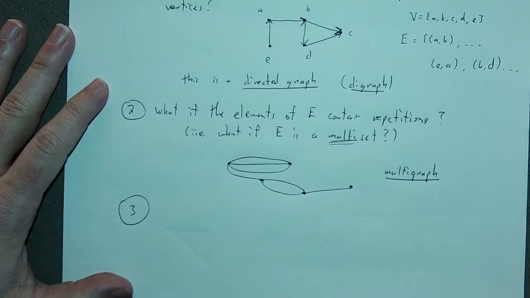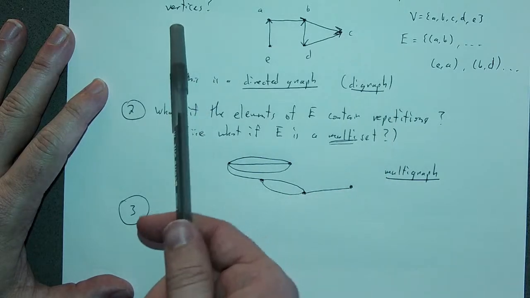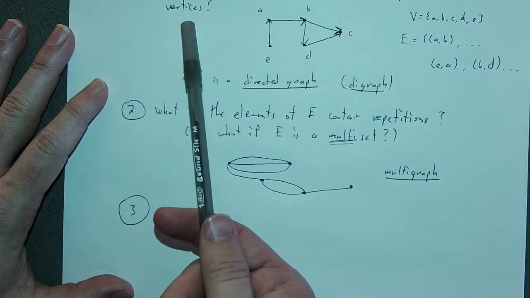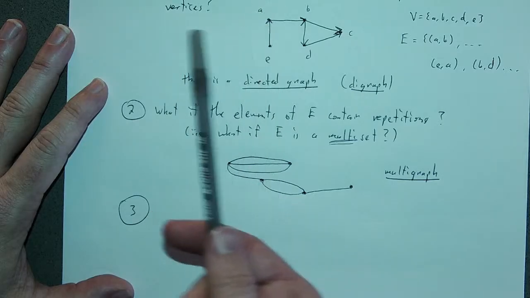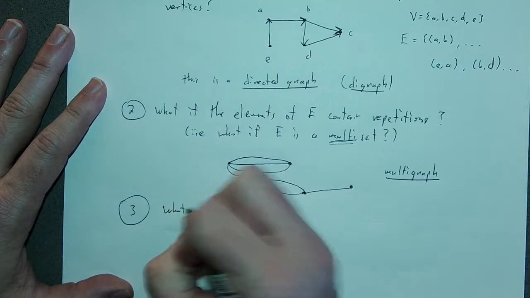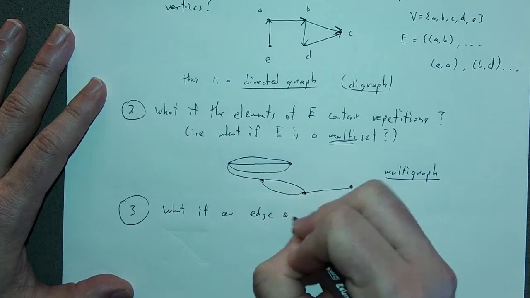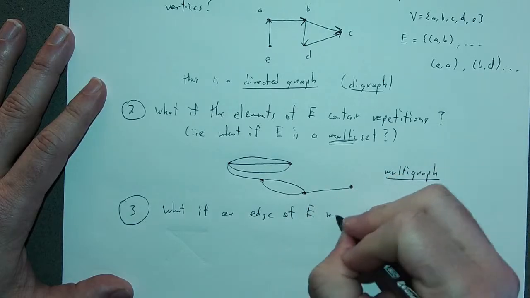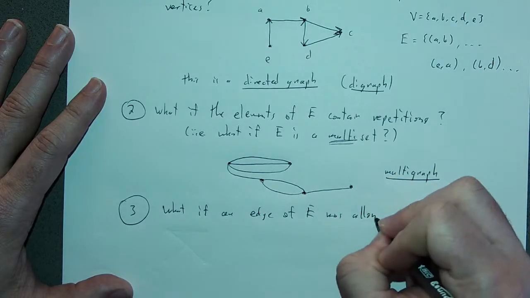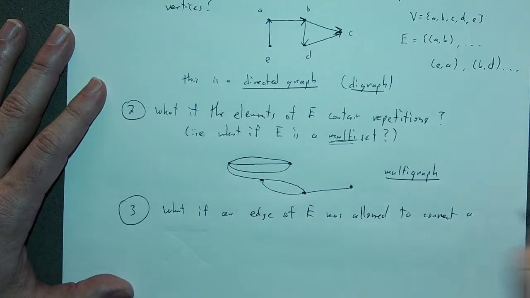Furthermore, what if I allowed edges to consist of pairs of vertices, but the vertices don't need to be distinct? So what if an edge of E was allowed to connect a vertex to itself?